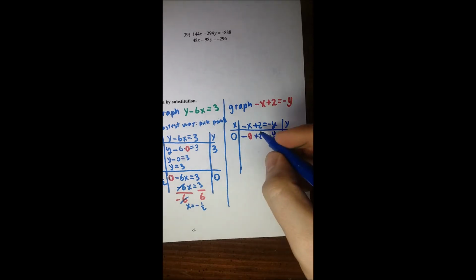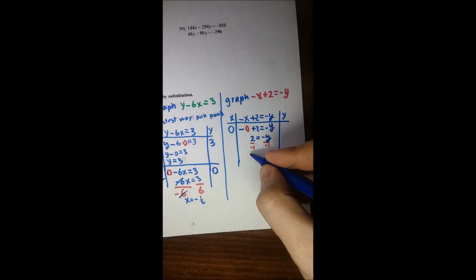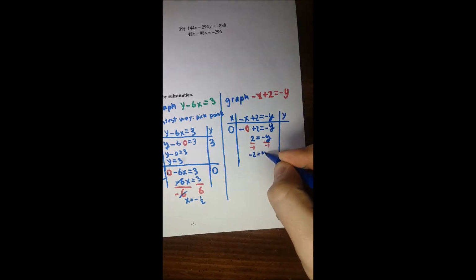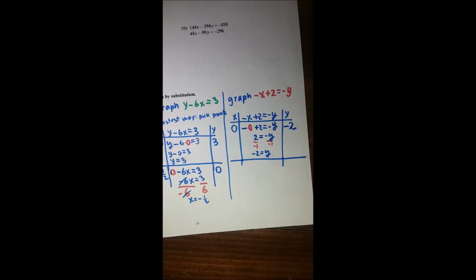Now, negative 0 is the same thing as 0, so basically 2 equals negative y. Simply put, you need to divide both sides by negative 1. So now, guess what? Negative 2 equals y, so y equals negative 2. This is our first point. All right, x is 0, y is negative 2.